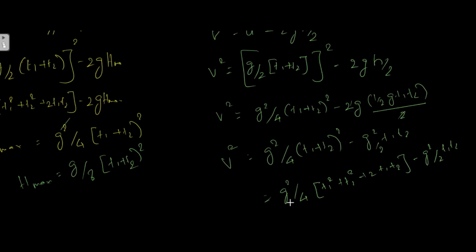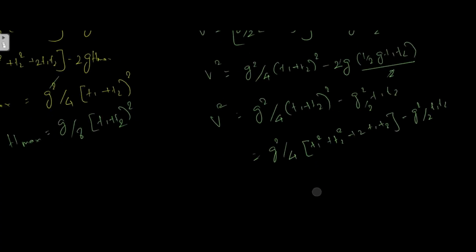Then when multiplying inside, we get g squared by 4 into (t1 plus t2) square, then g squared by 4 into 2 t1 t2. The two cancel each other, with the remaining g squared by 2 t1 t2.